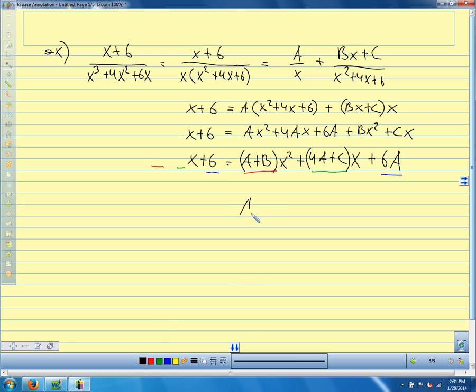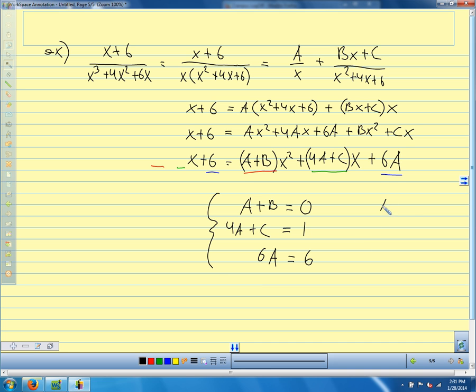So a plus b equals what? 0. There's no x squared over here. So a plus b has to equal 0. 4a plus c has to equal 1. And 6a equals 6. There's our system of equations.